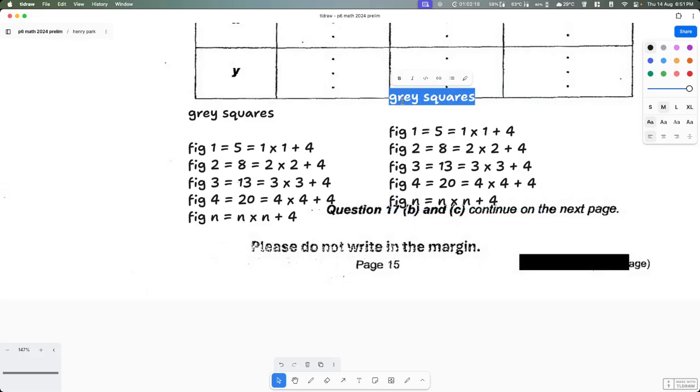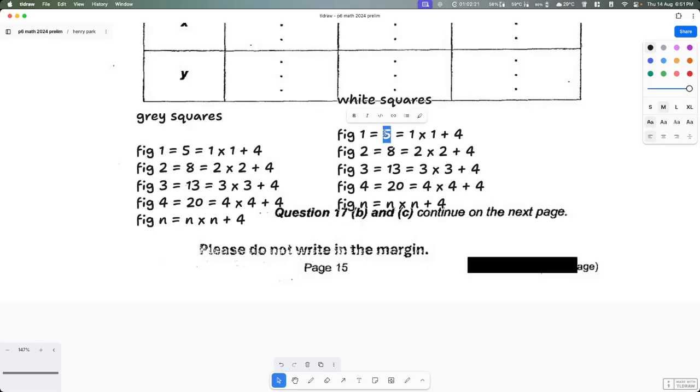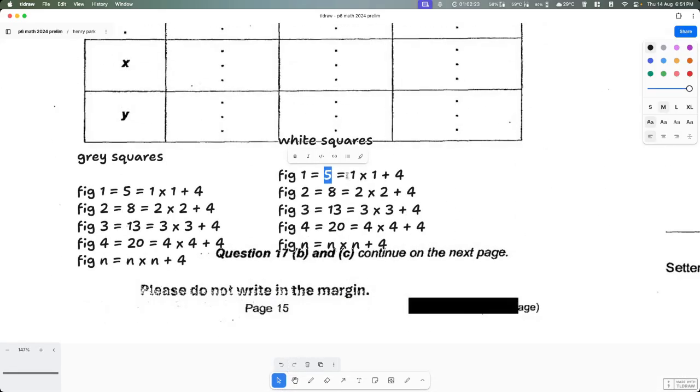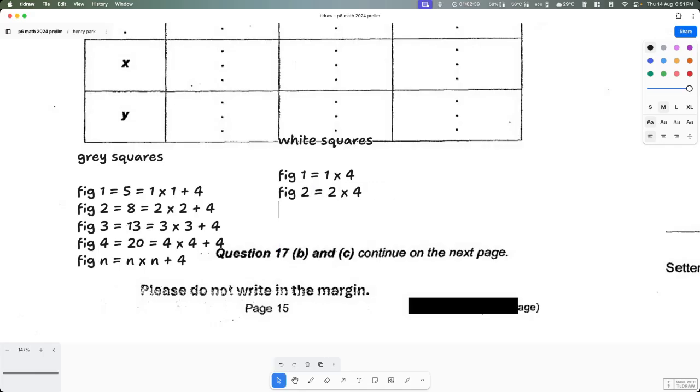So white squares: figure 1 is equal to 1 times 4, right? Then 2 times 4. So I think figure n is very straightforward. Figure n is equal to n times 4.